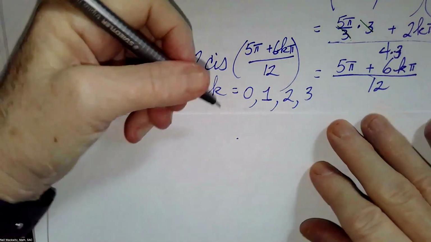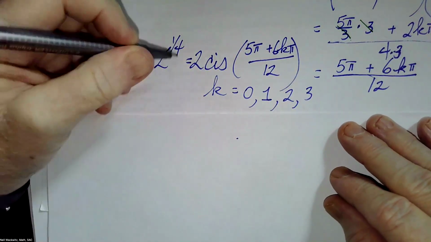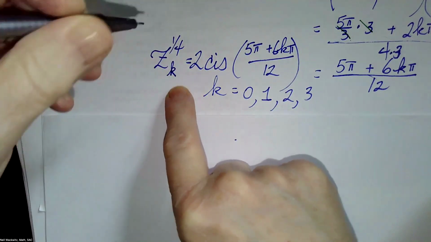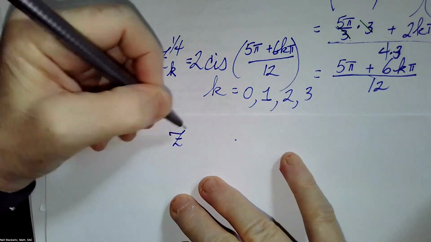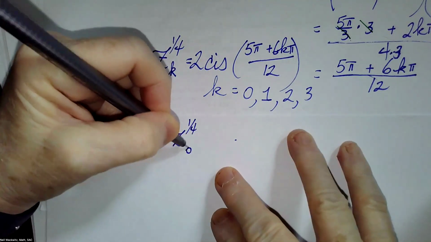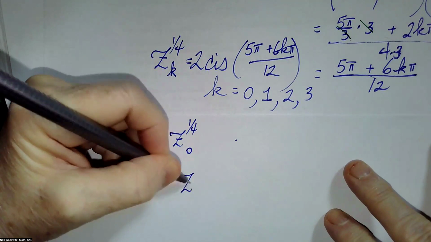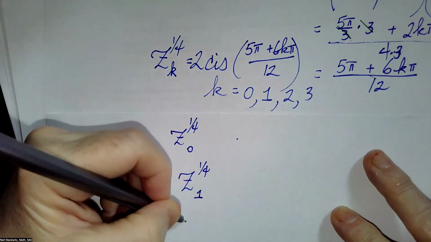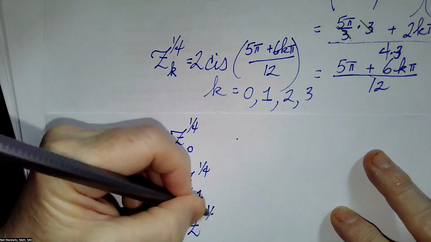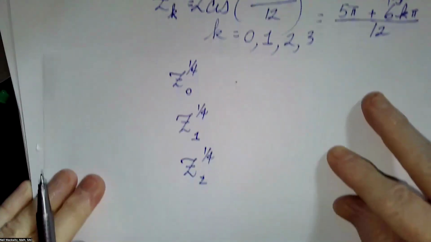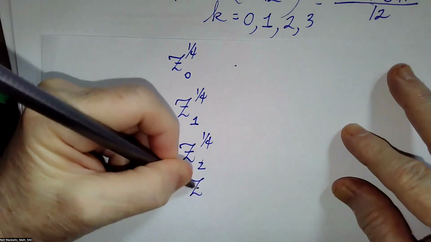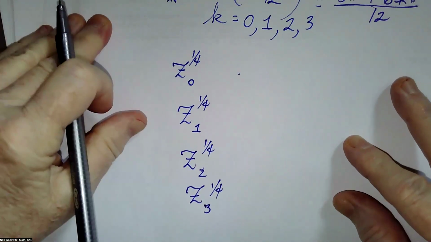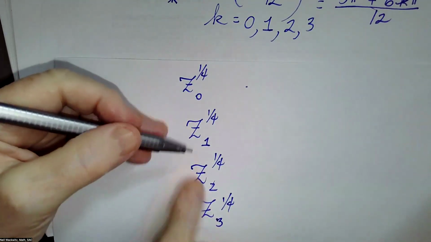So let's call this z to the 4th sub k. So we've got z to the 4th sub 0, z to the 4th sub 1, z to the 4th sub 2, and z to the 4th sub 3, where these again are the k values.